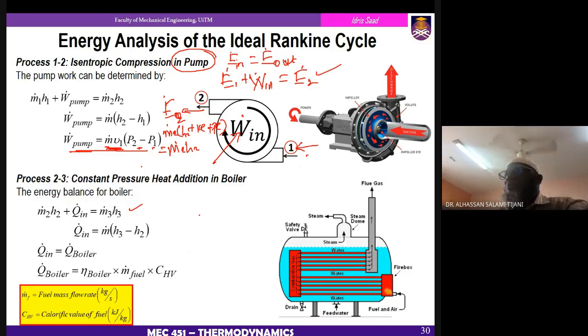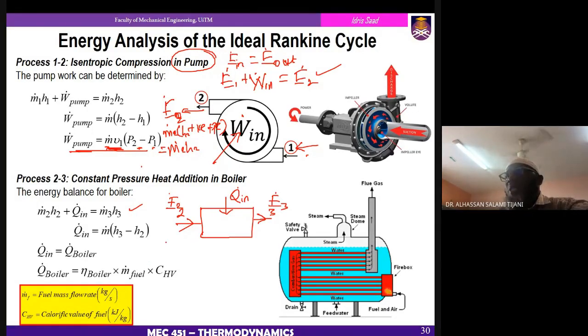If you take this to be the boiler, we have the fluid coming from the pump at state 2 and exiting the boiler at state 3. Now in this boiler there is heat input, Q in. If you look at the energy balance, here I have E2 and here I have E3.